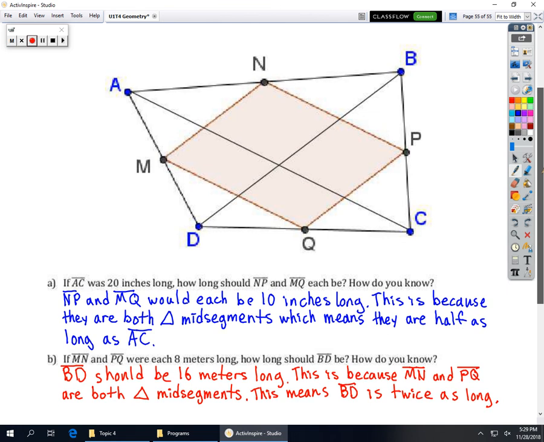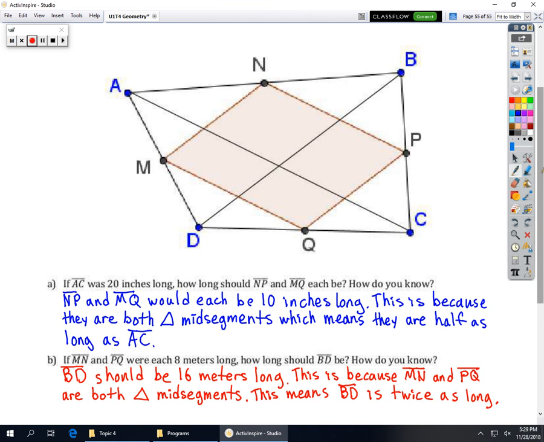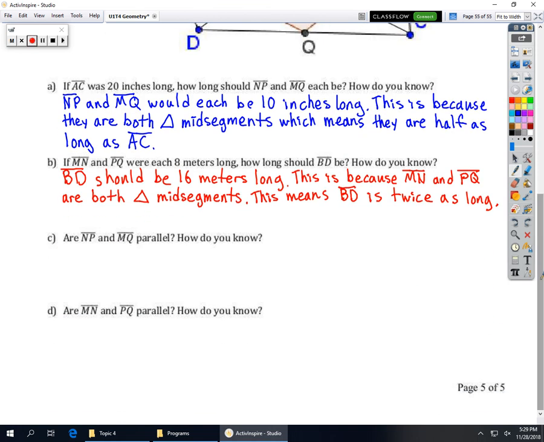So that's going to be a long explanation. NP is a mid-segment, so it's parallel to AC. MQ is a mid-segment, so it is also parallel to AC. Since they are both parallel to AC, they must be parallel to each other. Let's try not to make it that long. So are they parallel? Absolutely. Yes, they are parallel.